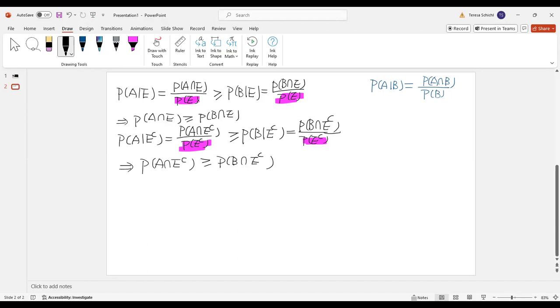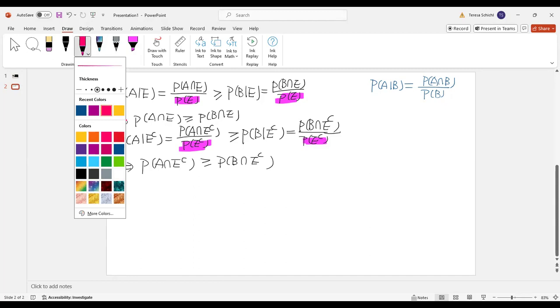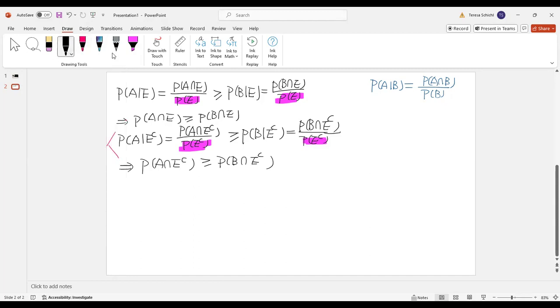Now if you add these two inequalities, the probability of A intersect E plus the probability of A intersect E complement is going to be greater than or equal to the probability of B intersect E plus the probability of B intersect E complement.